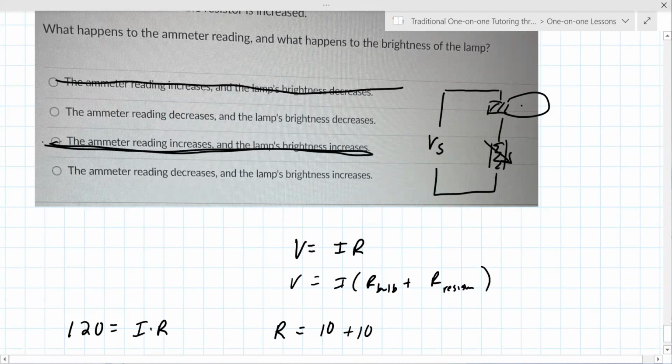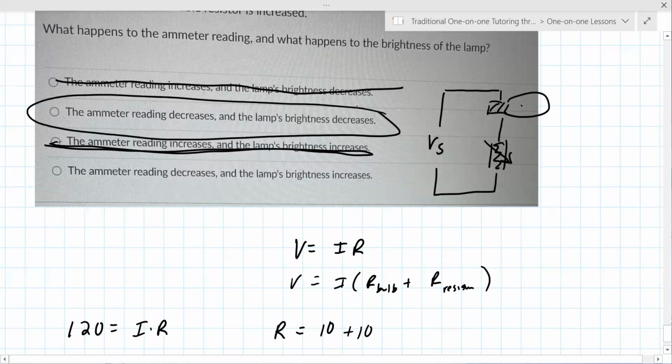And brightness is based on power, and power is based on current. So if the current goes down, the brightness also goes down. So this would be my best option. Again, this is best seen in an actual circuit in a lab, if that were an option.